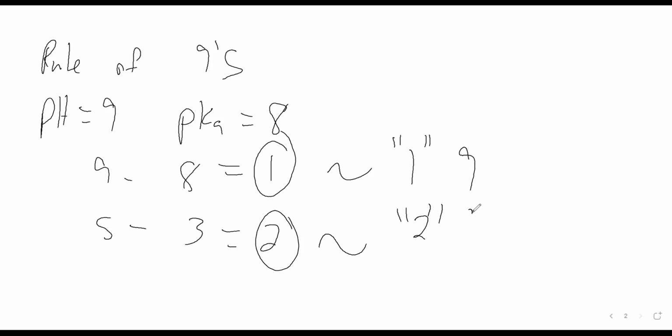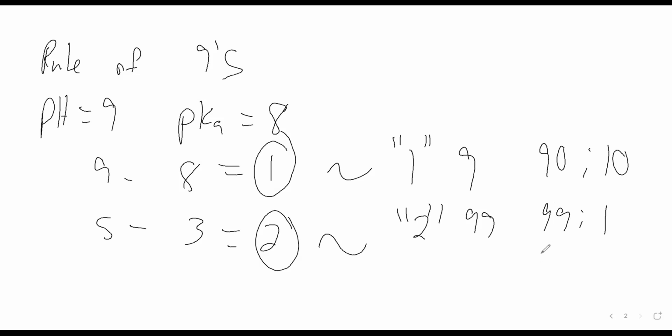And 9s are always put right next to each other. So if you're looking at an ionized versus unionized state, if you've got a number with one 9, it's going to be 90 and the other one's going to be 10. If you've got a number with two 9s, it's going to be 99, the other one's going to be 1.